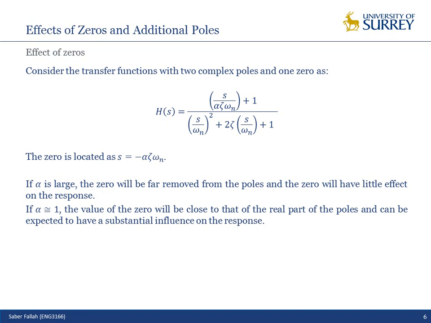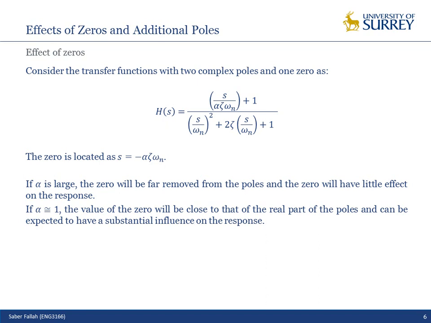Look, if this is the S plane, this is the real part, this is the imaginary part. For the standard system, I have two poles: minus zeta omega n plus omega n root of 1 minus zeta squared j, and here, minus zeta omega n minus omega n root of 1 minus zeta squared j. Correct? And I have a zero here, whose value is minus alpha zeta omega n.